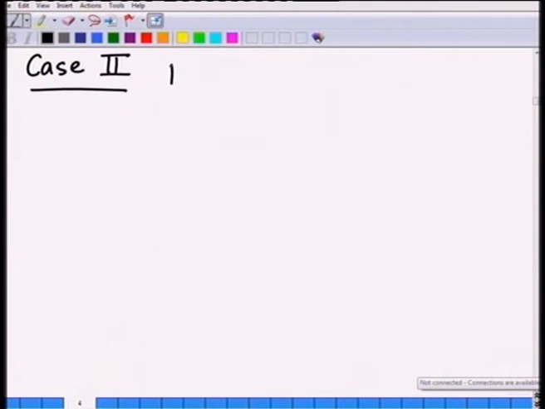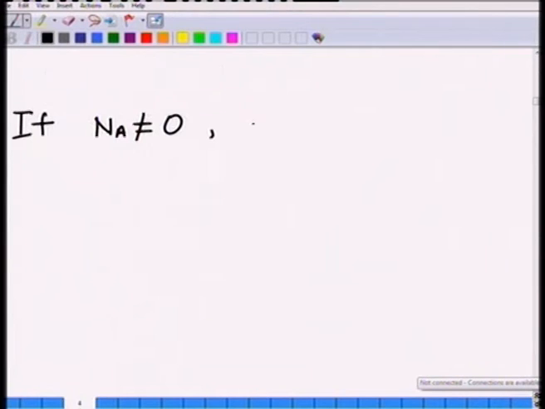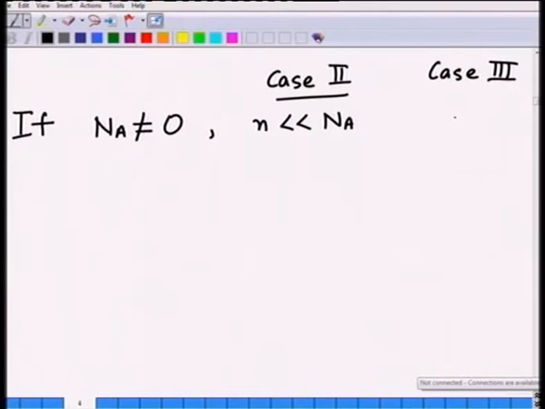Now, let us take the case where Na is not equal to 0. This leads to some more interesting facts. If Na is not equal to 0, then I have two cases possible, namely case 2 where N is less than Na, and case 3 where N is greater than Na.